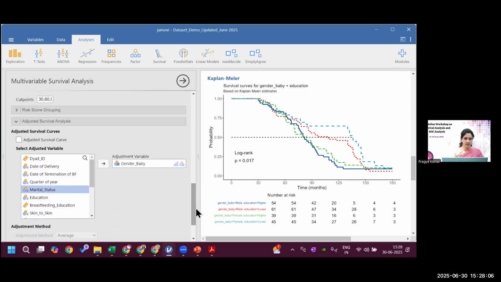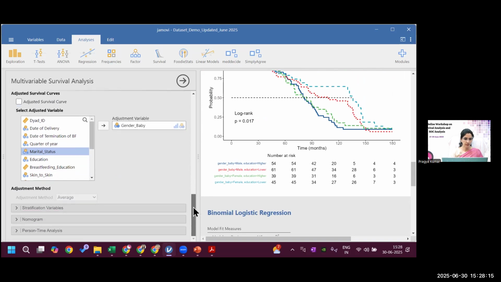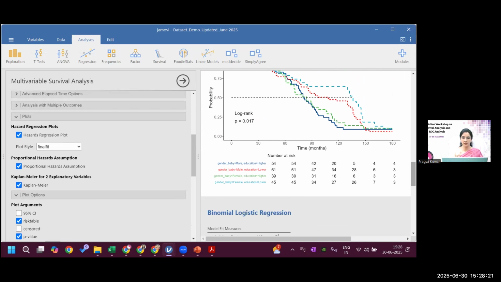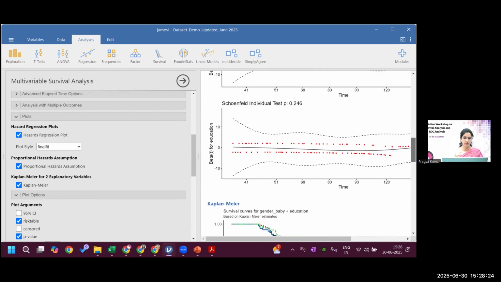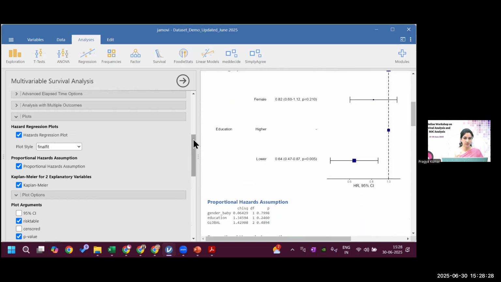This adjusted survival curve, as I can see, is not giving you the color. And then if hazard you have seen, this was your hazard regression plot.